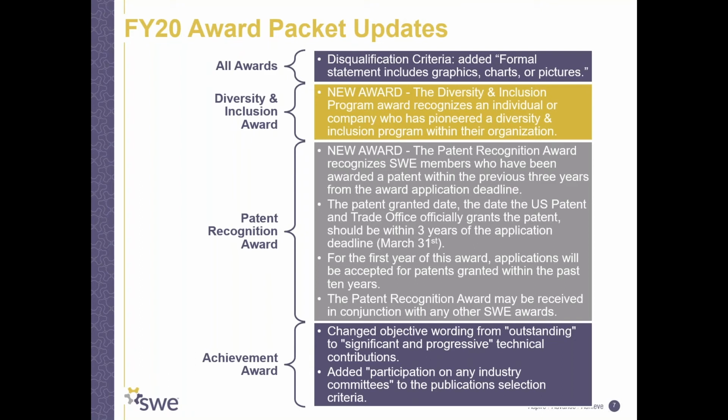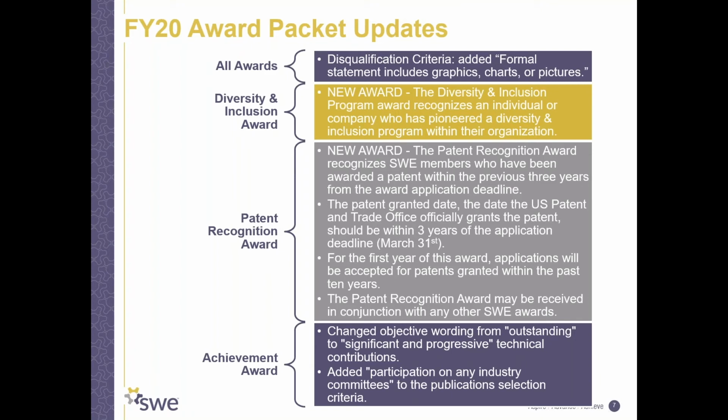The Diversity and Inclusion Award was added this year. It recognizes an individual or company who has pioneered a diversity and inclusion program within their organization. The second new award is the Patent Recognition Award. This recognizes SWE members who have been awarded a patent within the previous 3 years from the award application deadline.